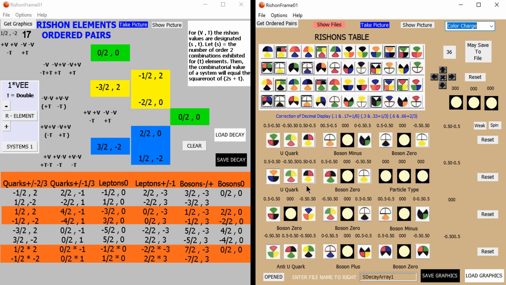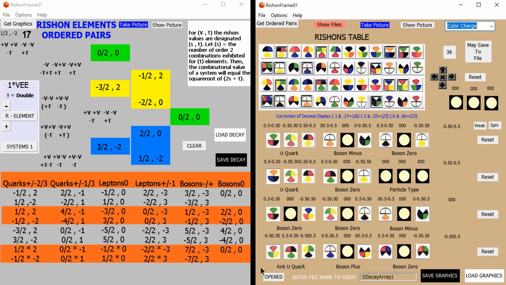So as it should be, we continue to have the U quark having the color red, just as the S quark did, since the W boson carries away no color.